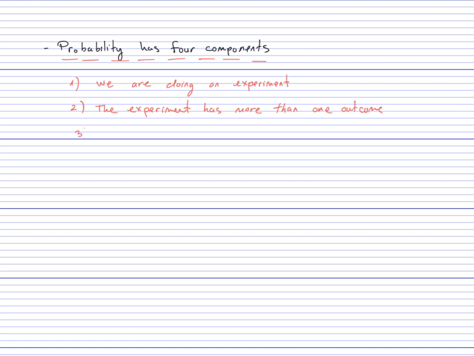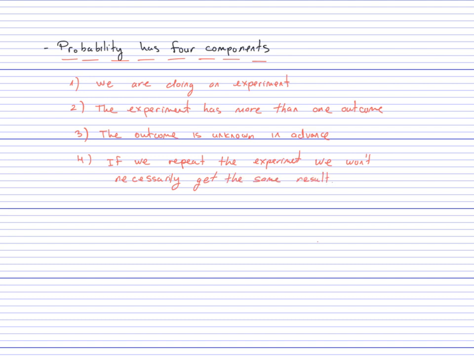Not the last one, but there are two more: the outcome is unknown in advance. And the last one, if we repeat the experiment, we won't necessarily get the same result.